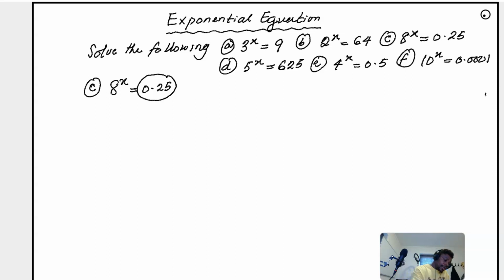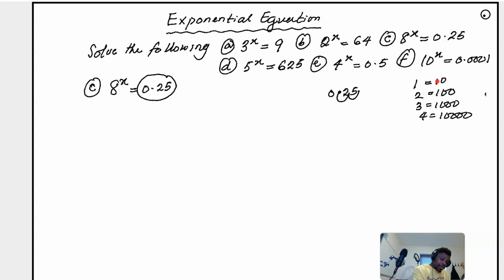Now let's continue. So 0.25, I will clearly explain here. From the decimal, I will count 1, 2. If I count 1 means 10, 2 means 100, 3 means 1000, 4 means 10,000.